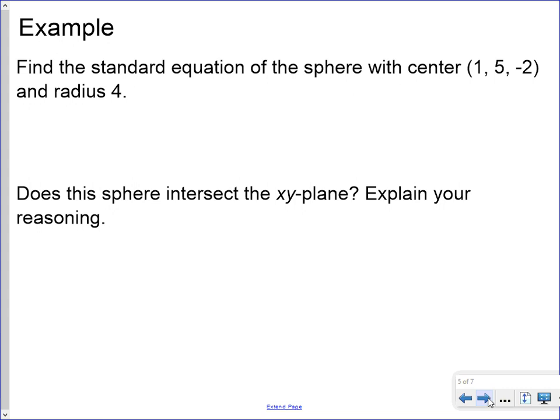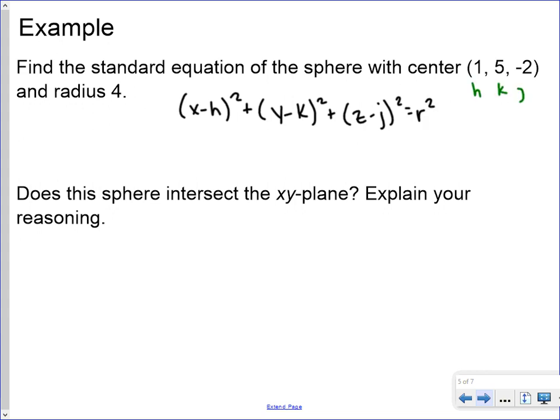We can also do other things like find the standard equation of a sphere with a center at 1, 5, negative 2, and a radius of 4. That's going to be really easy, right? Plug those things in for h, k, j, and r. So you're using the standard form equation, and you have h, k, and j listed.